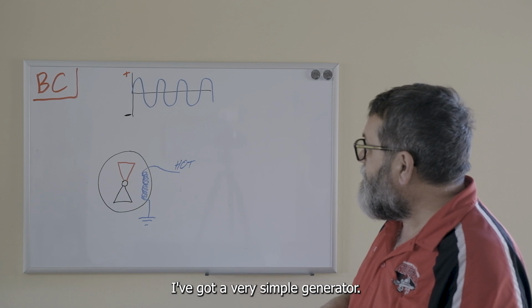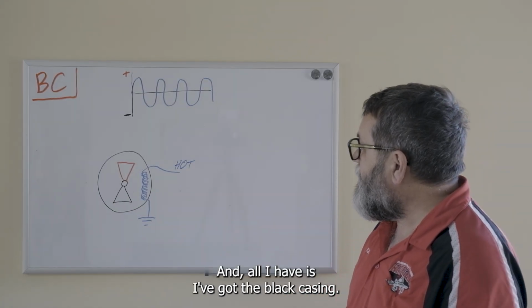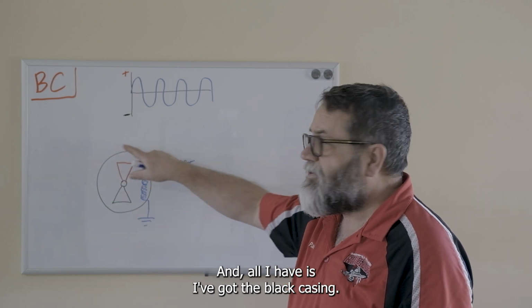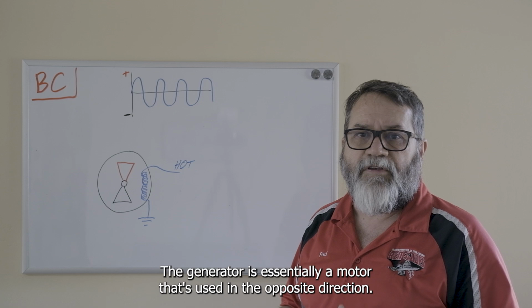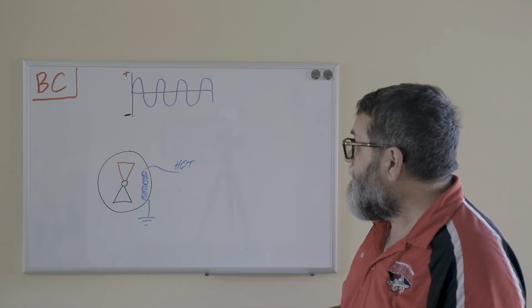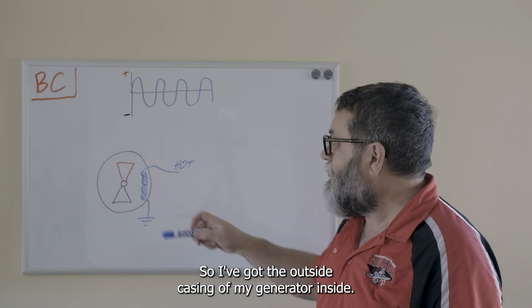Let's look at a very simple generator. All I have is the black casing. A generator's essentially a motor that's used in the opposite direction. So I've got the outside casing of my generator.